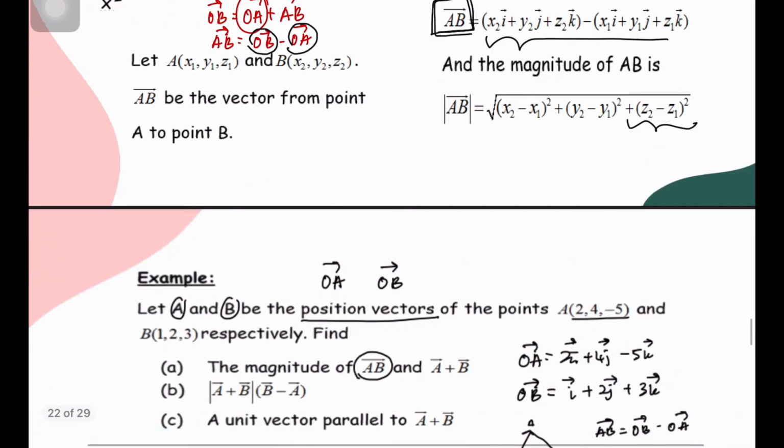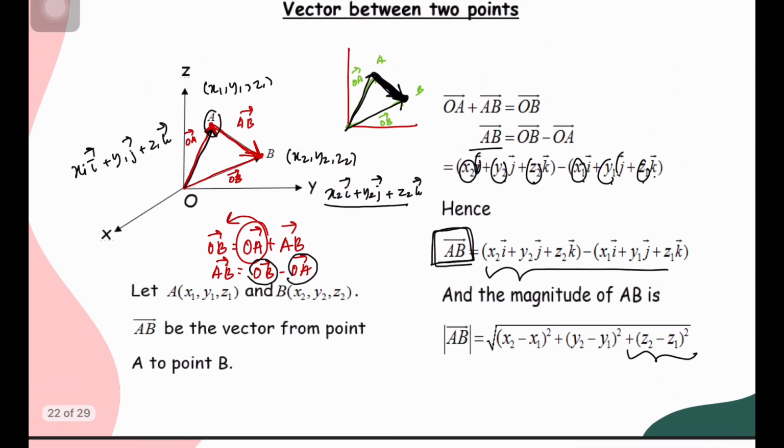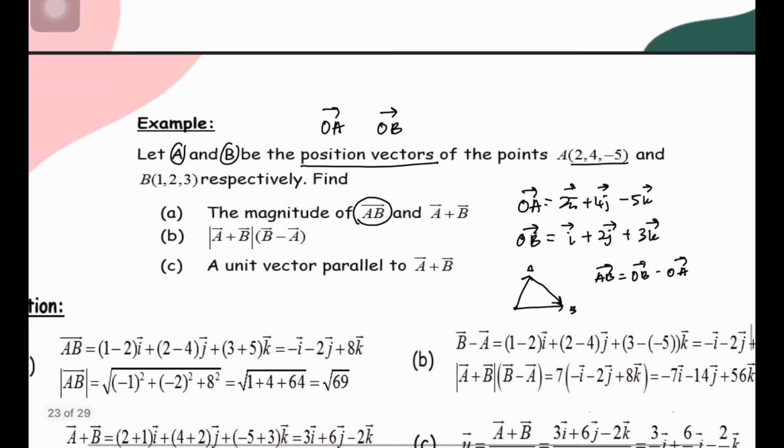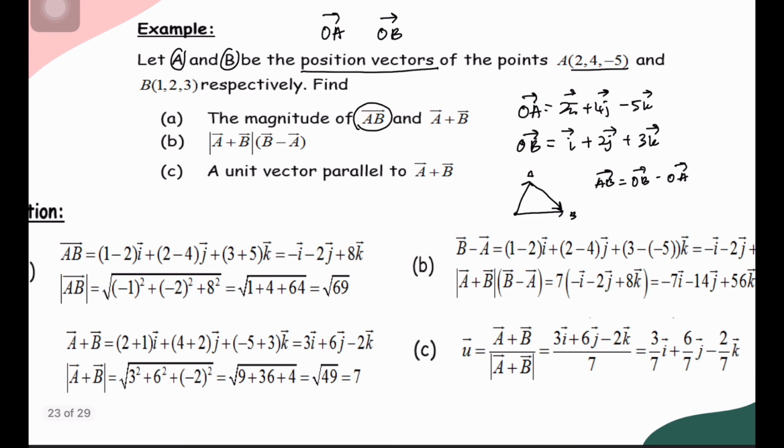So our OB is i plus 2j plus 3k, minus our OA, which is 2i plus 4j minus 5k. Therefore, to find AB, you just need to complete this one.